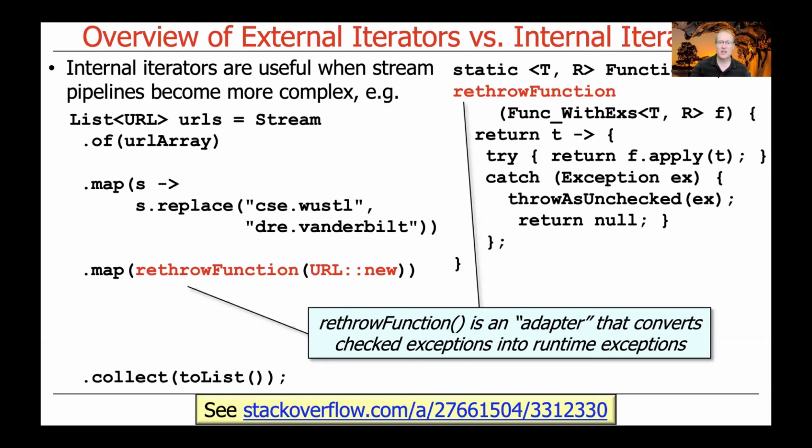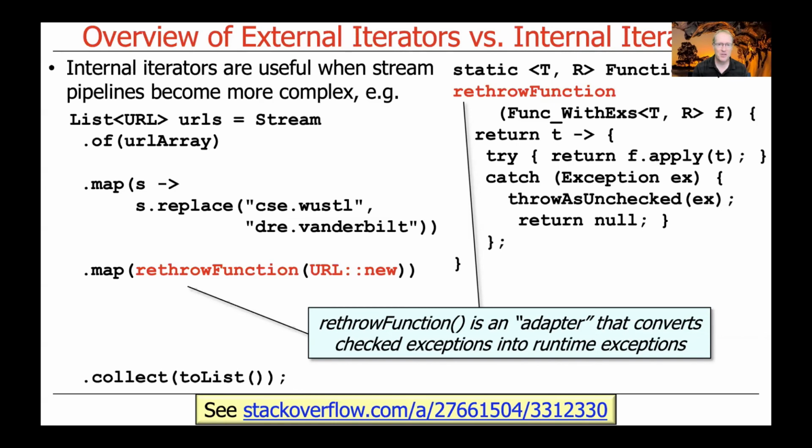And what it does is it will wrap the function that throws an exception internally to the Rethrow function adapter method, and it will apply the function, catch whatever exception happens to be thrown, and then it will go ahead and throw that exception as a runtime exception as opposed to a checked exception. It checks it, but it doesn't check it statically, syntactically. It checks it dynamically by doing the exception handling mechanism as a runtime exception.